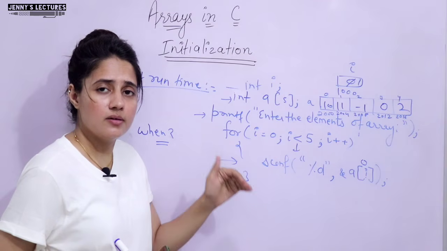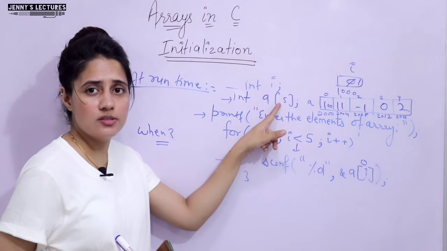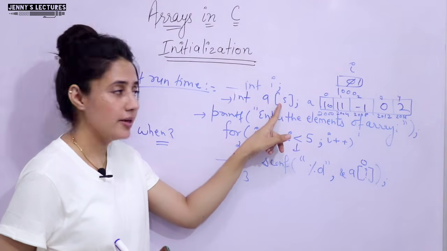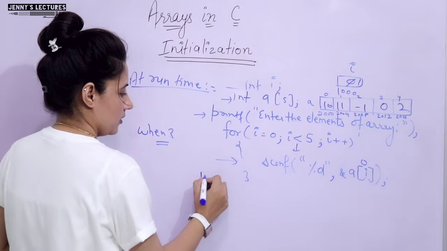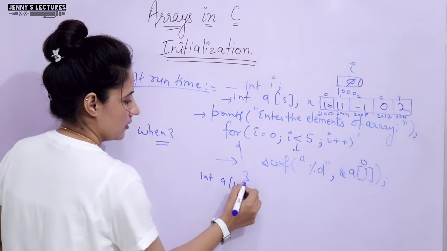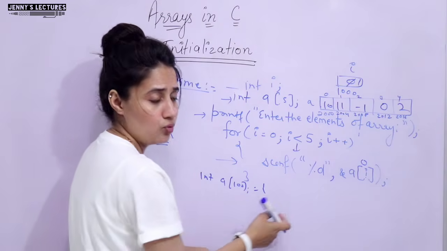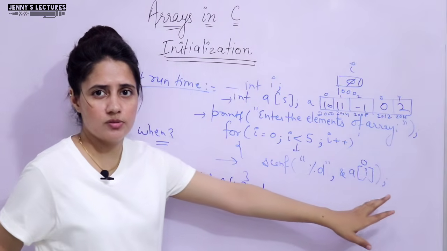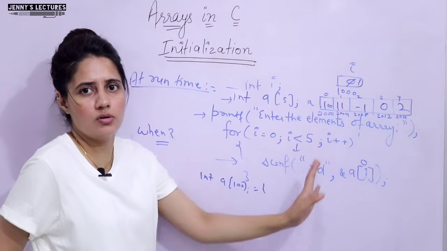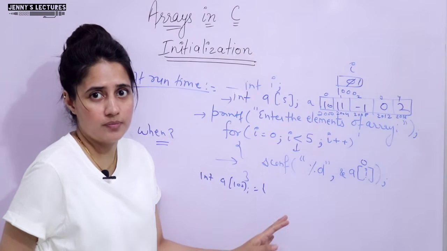But if the size of the array is large, like 100, int a[100], obviously it's not possible to write 100 data items here. Yes, we can write, but it's not a proper way, it's not a good thing, right?